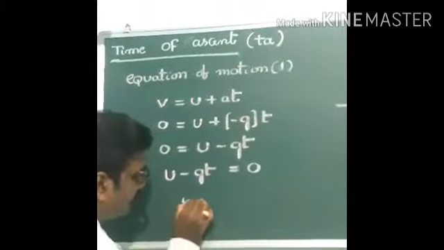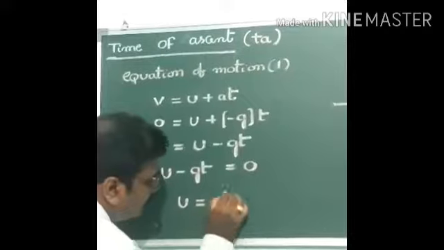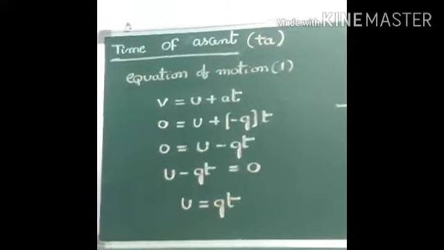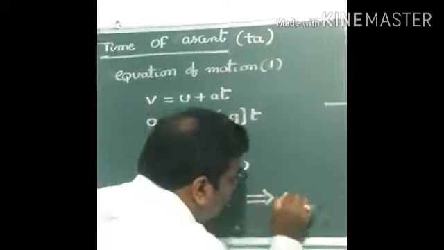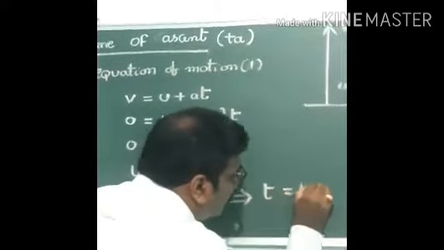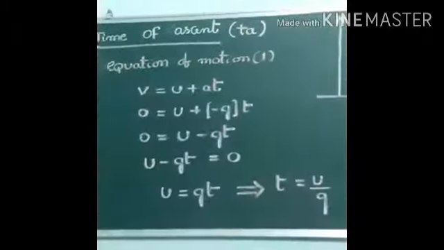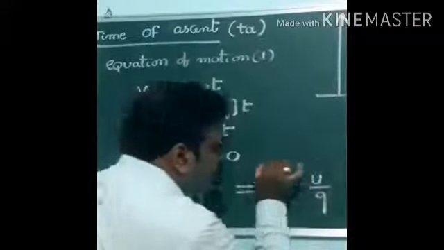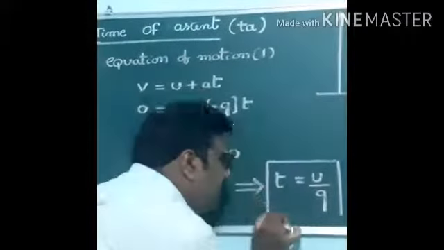U equal to GT. That implies T equal to U by G. So what is the time of ascent formula? U by G.